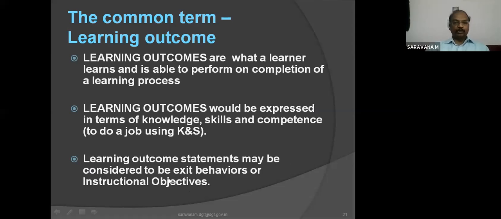Exit behavior means after completion of a particular lesson or a particular demonstration. We can also call it after completion of a particular course, a 1 year course or 2 year course or any short-term course. The exit behavior is considered as instructional objectives or learning outcome.